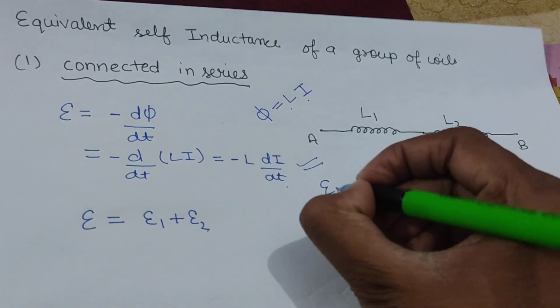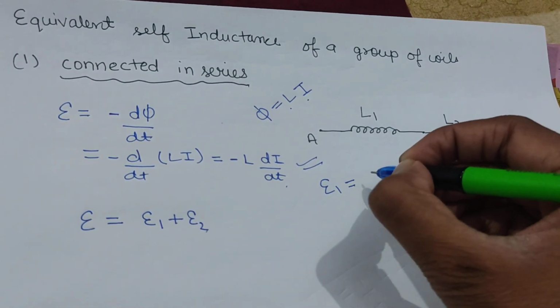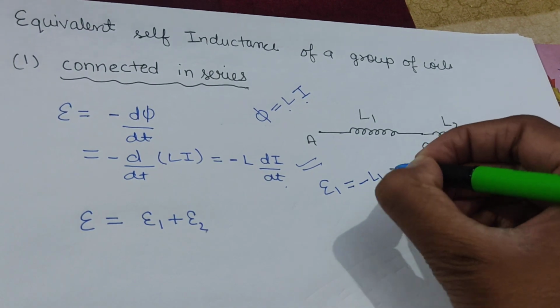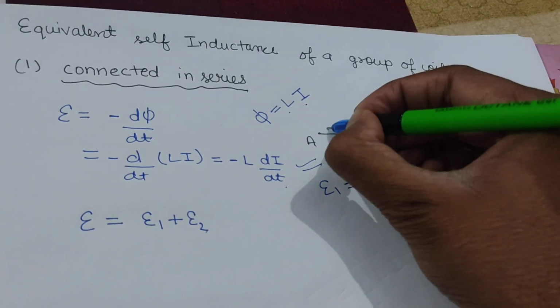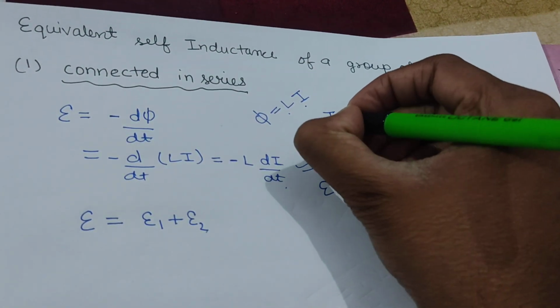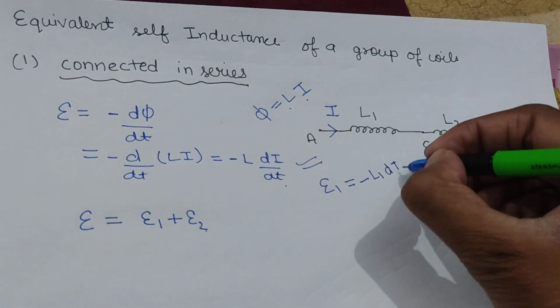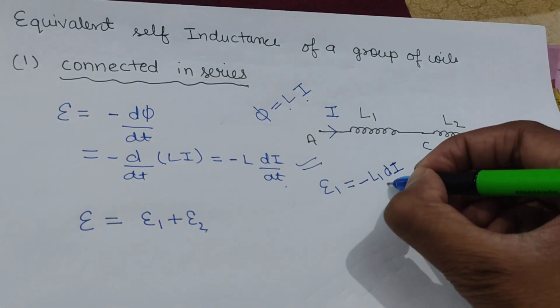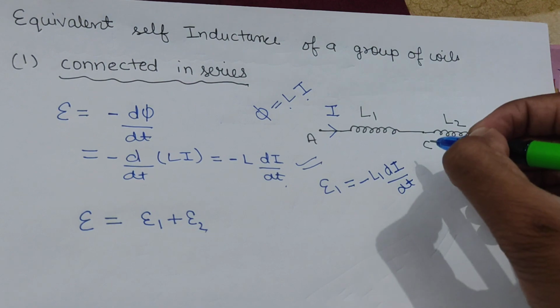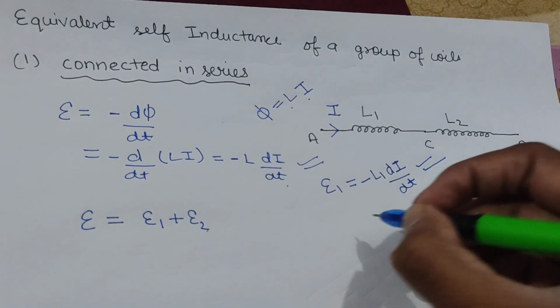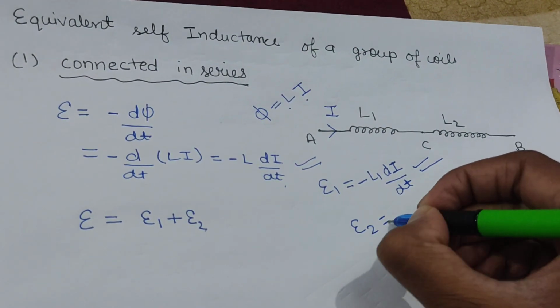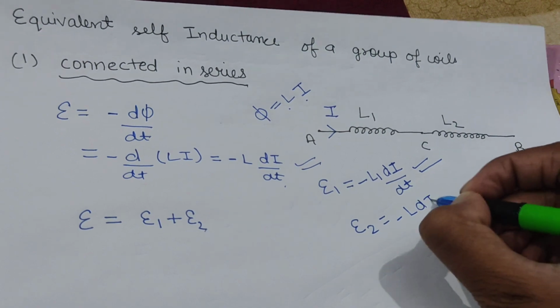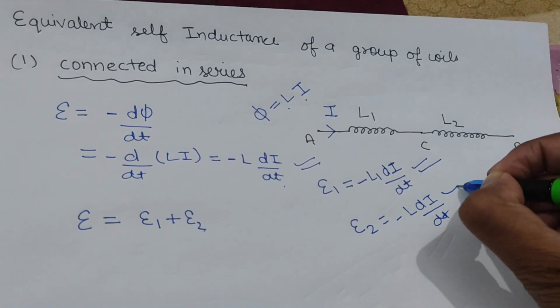For E1 we have minus L1 di/dt, because the current is the same. The current i is constant through each of them. Secondly, E2 is equal to minus L2 di/dt.